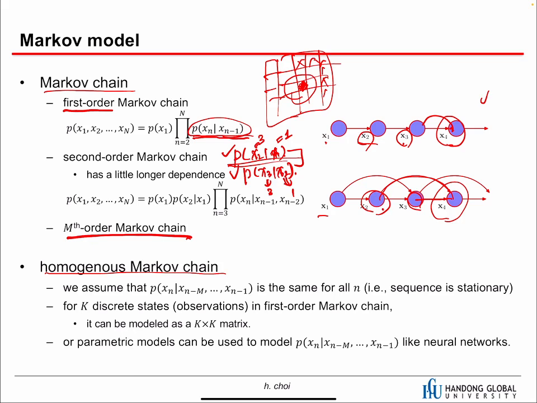That's a homogeneous Markov chain. And when we have k discrete states for observations, this Markov chain can be modeled as a k by k matrix. Or if we want, we can have parametric models to model this Markov chain.